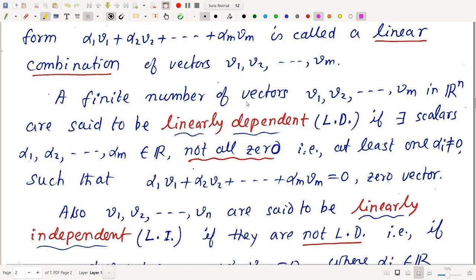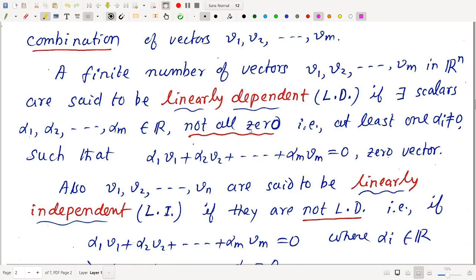A finite number of vectors v1, v2, ..., vm in R^n are said to be linearly dependent, in short we shall write LD, if there exist scalars alpha 1, alpha 2, ..., alpha m in R, real numbers, not all 0.